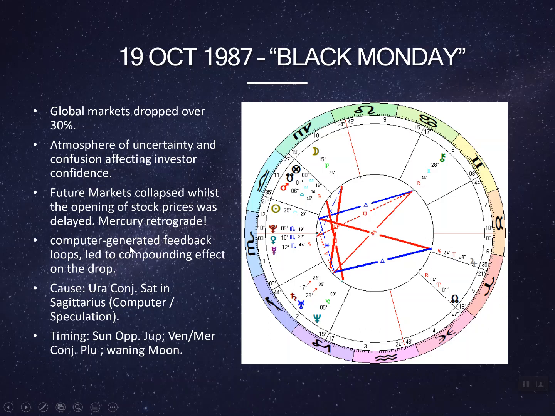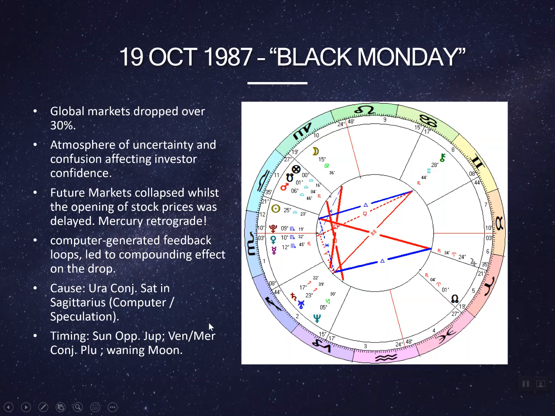So it was a computer generated feedback loop which created this compounding effect of a fast and sharp fall, which then affected investor confidence. So that's why Jupiter is involved in these aspects, and the Sun being in opposition to Jupiter acts as a trigger for when this event actually occurred.